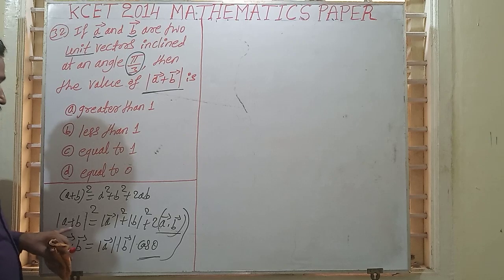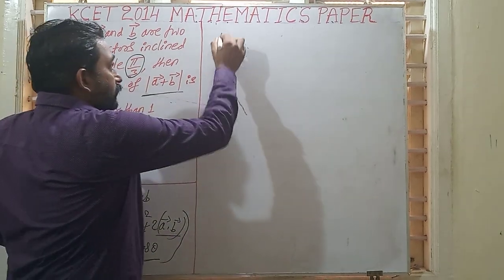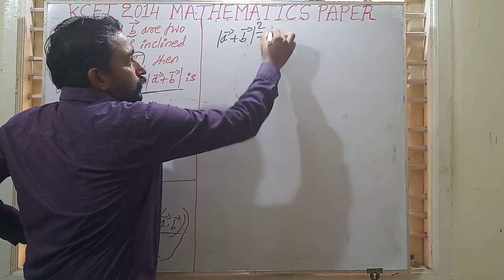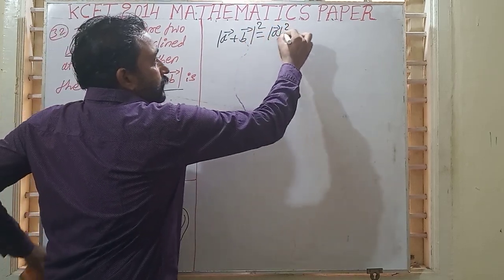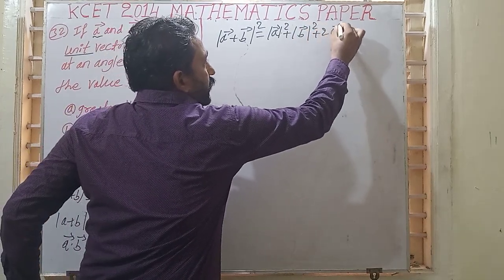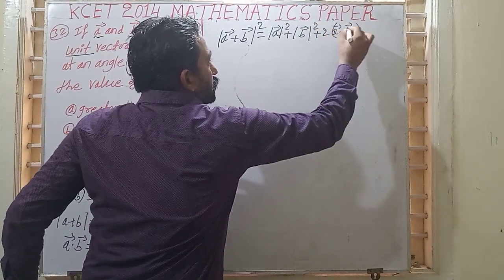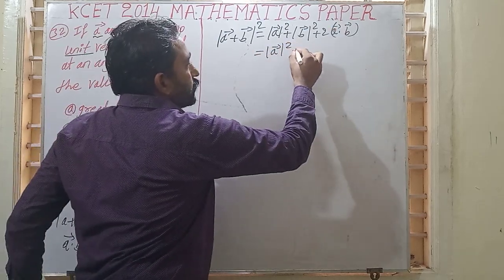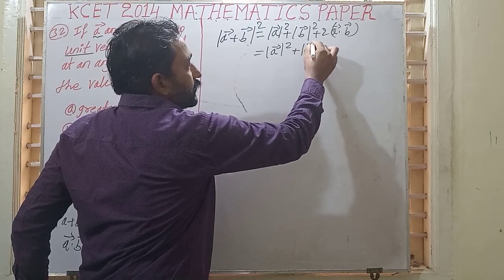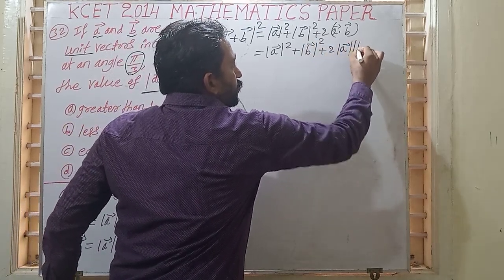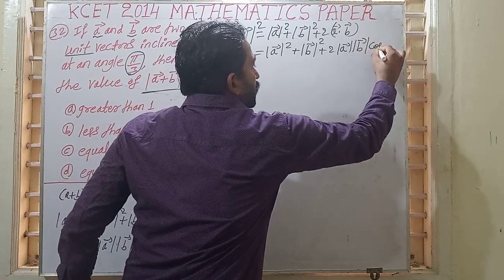So now let us move on to the formula. First write down magnitude of A plus B whole square is equal to magnitude of A square plus magnitude of B square plus 2 into A dot B. Substitute the value of A dot B: magnitude of A square plus magnitude of B square plus 2 into magnitude of A into magnitude of B into cos theta.